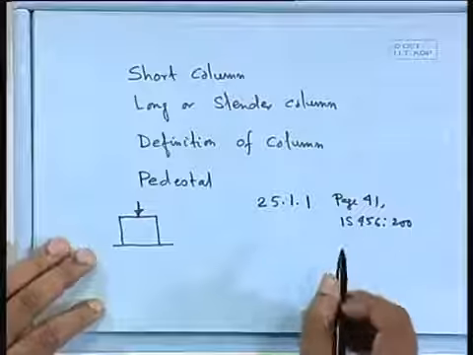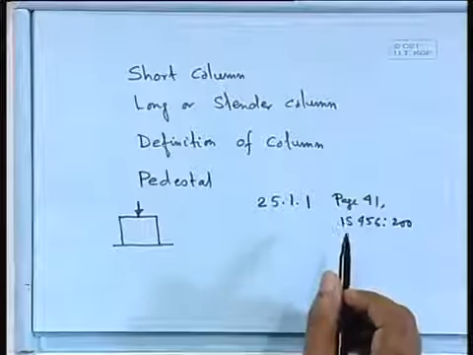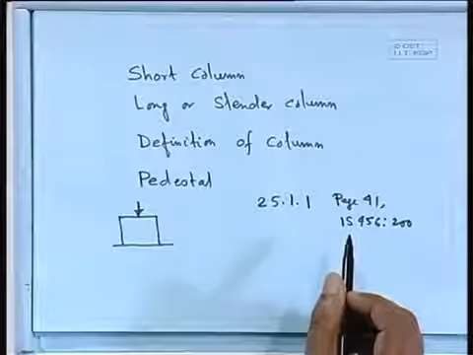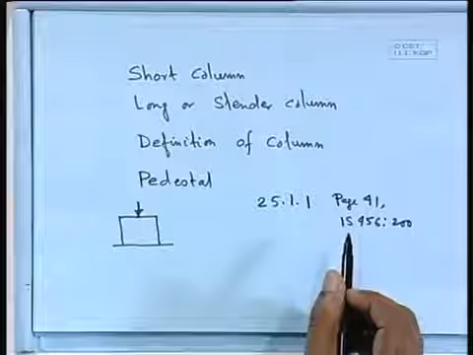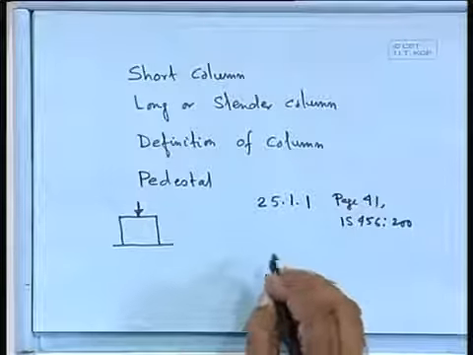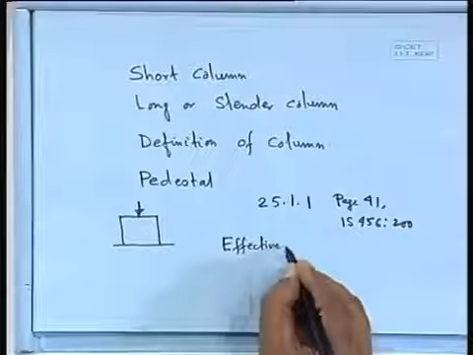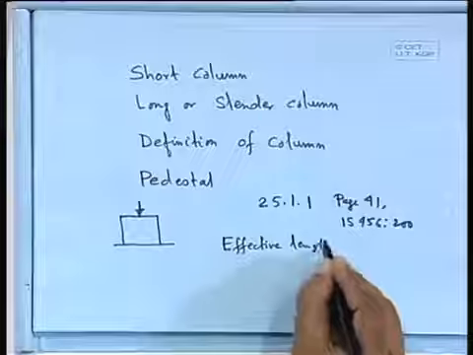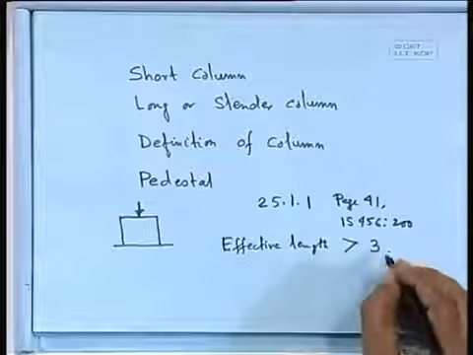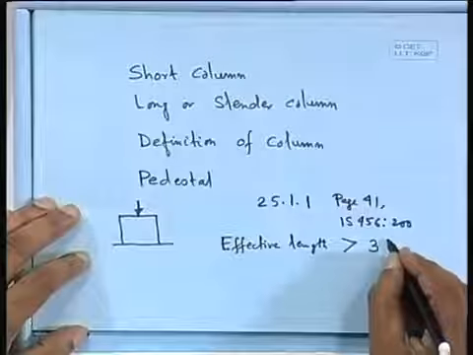Our code says the column or strut is a compression member, the effective length of which exceeds 3 times the least lateral dimension. Effective length greater than 3 times of least lateral dimension. Please note, least lateral dimension.